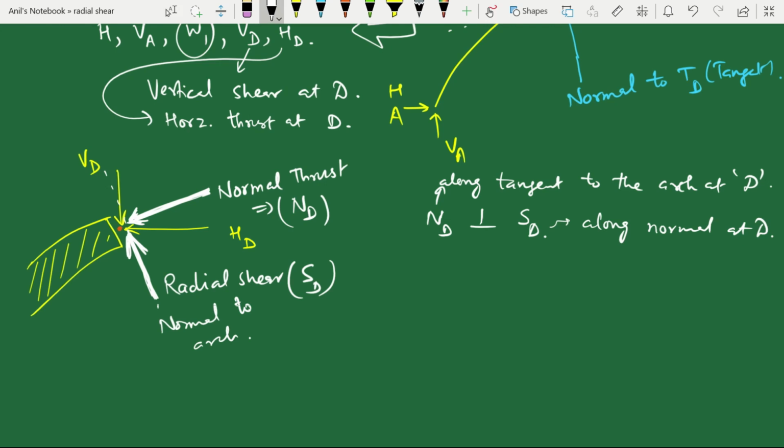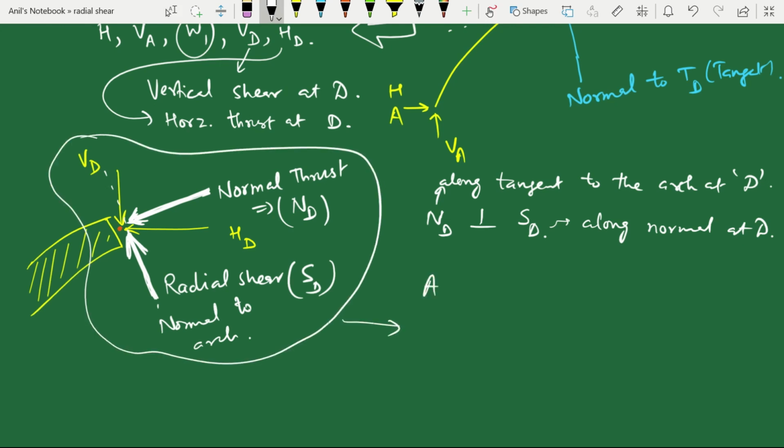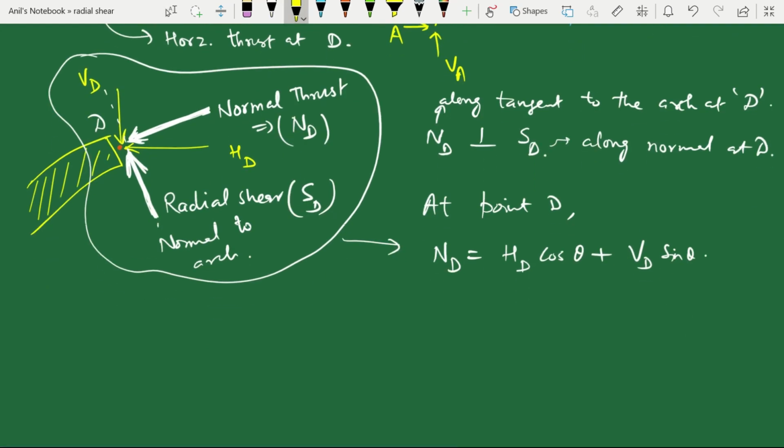Now consider this portion only. At point D, we have ND equal to HD cos theta plus VD sin theta. It is so because HD has two components, one along the tangent and the other perpendicular to the tangent. So we can draw it like this. The component along the tangent will be HD cos theta. And we have VD, which is vertical.